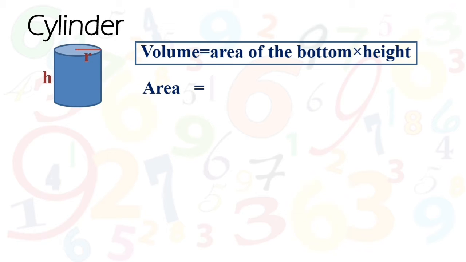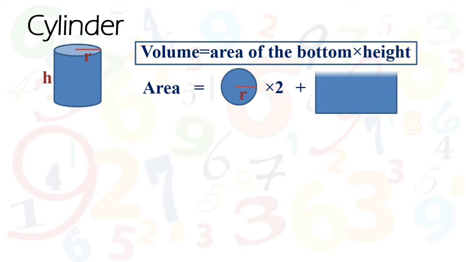Now to get area, if you look at this carefully, there are 2 circles, so you can find out the area for one circle and you have to multiply it by 2. And there is a label-like thing. It is like a label of the cylinder, so if you remove the label you will be able to see there is a rectangle.